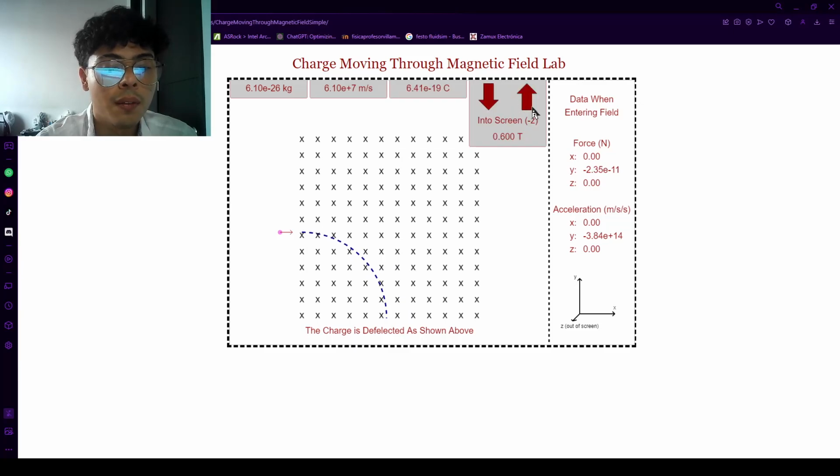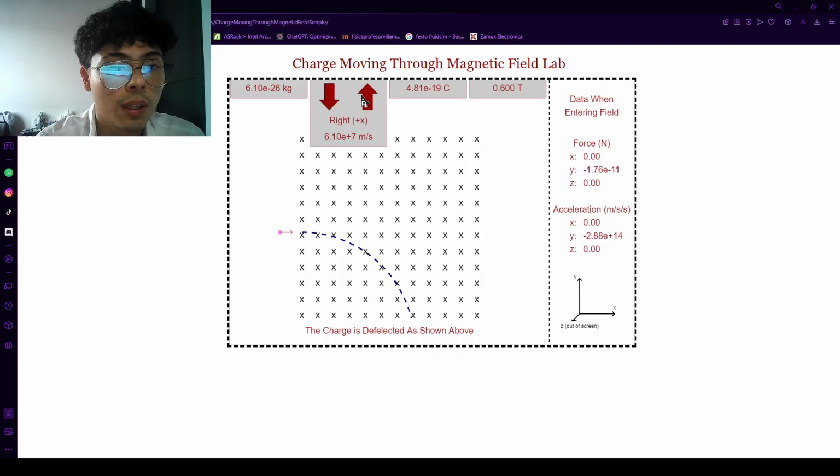Mainly, they can be changed. In the visualization in the center of the simulator, we can see the magnetic field and the particle. Along with it is the trajectory, which varies as the values change.